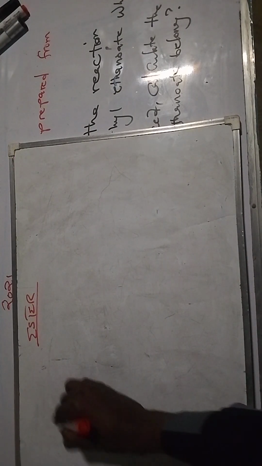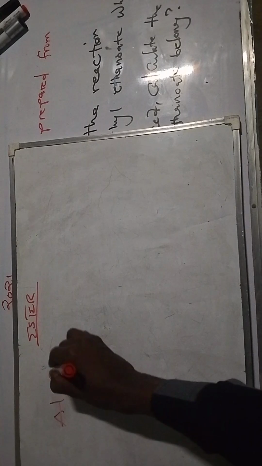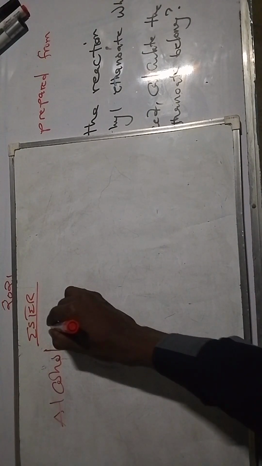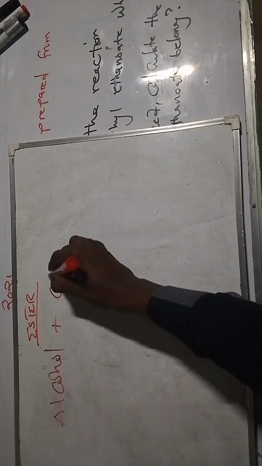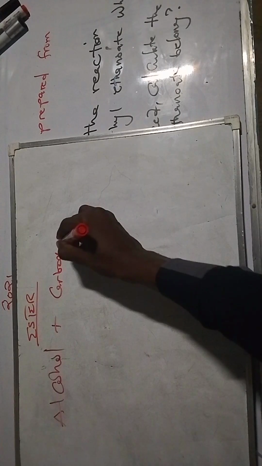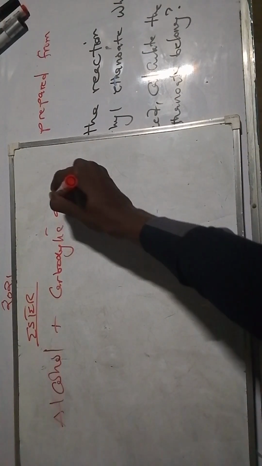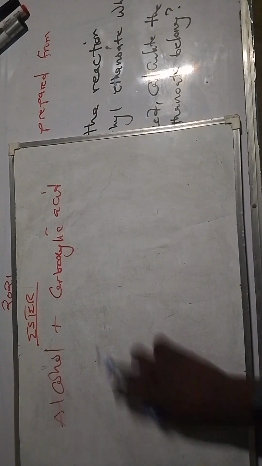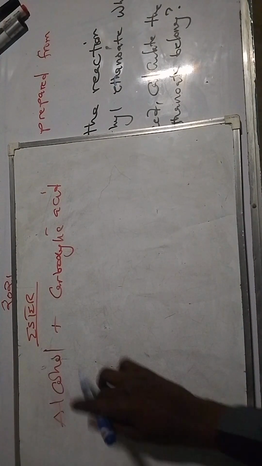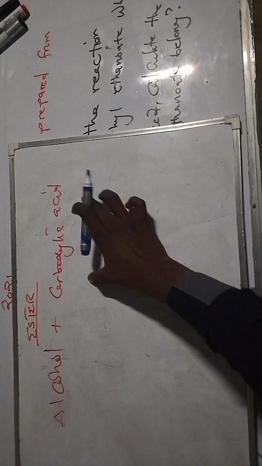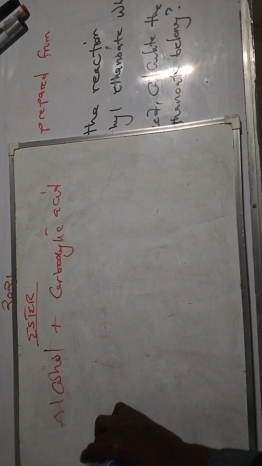So if we want to form an ester, we react alcohol with carboxylic acid. The key concept is that we know alcohol and carboxylic acid.